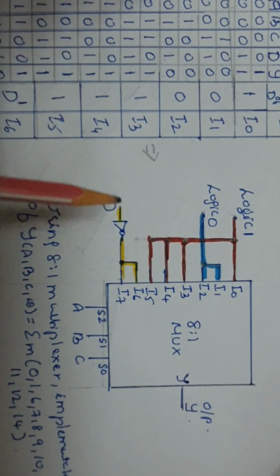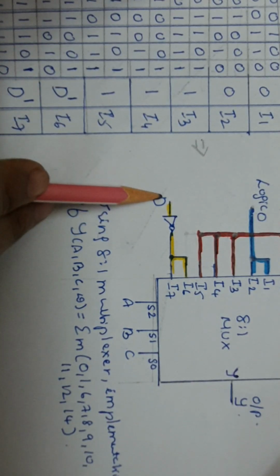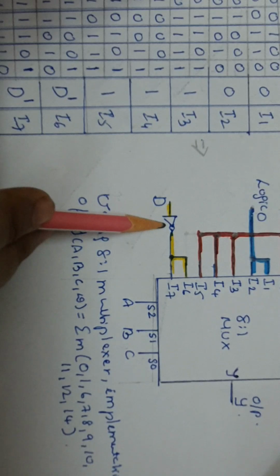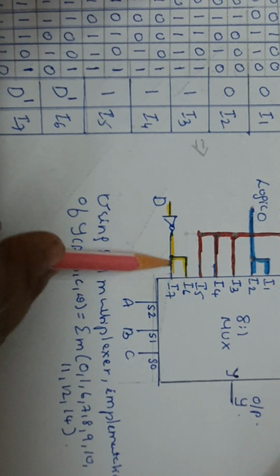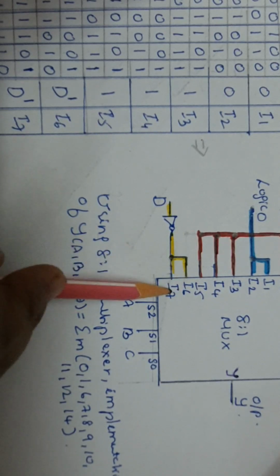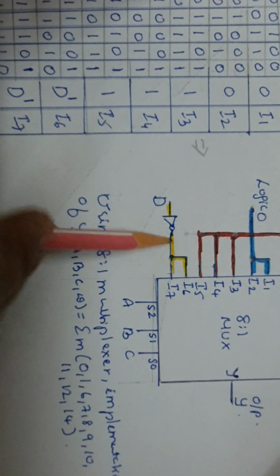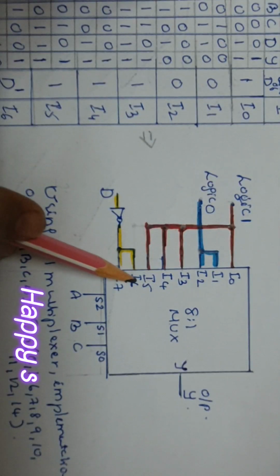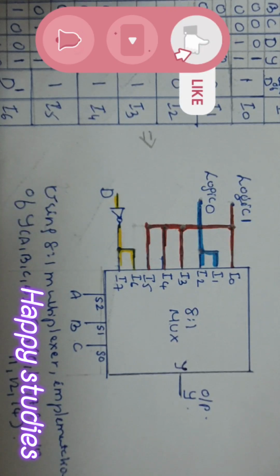Okay. So I6 and I7 are found to be D dash. The D input is taken and connected to a NOT gate. What comes here is D dash. That is given to I6 and I7. So I6 and I7 are both tied and they get the input D dash here. Okay. So this is the implementation of the given function using an 8:1 mux.